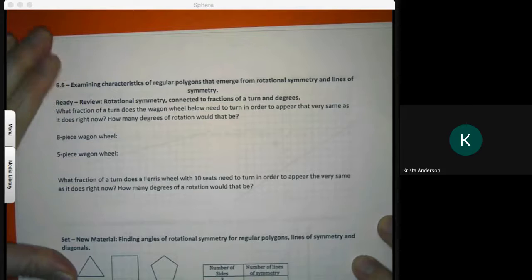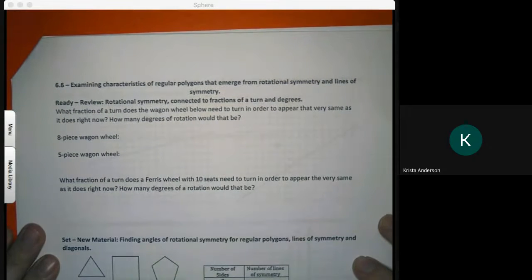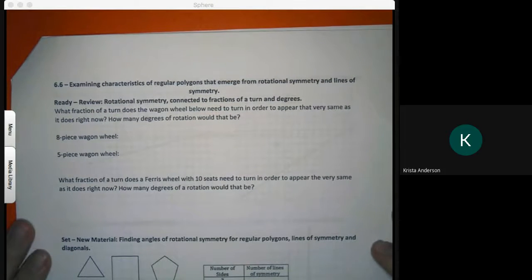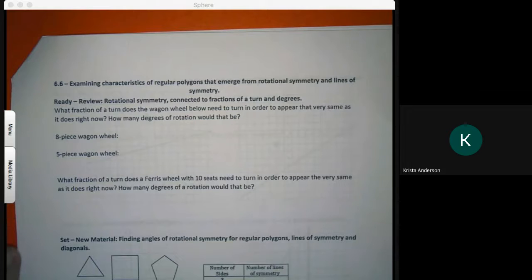For our first section, we are going to go over rotations and how to find the fraction and the degree that an image would have to rotate to land on itself.